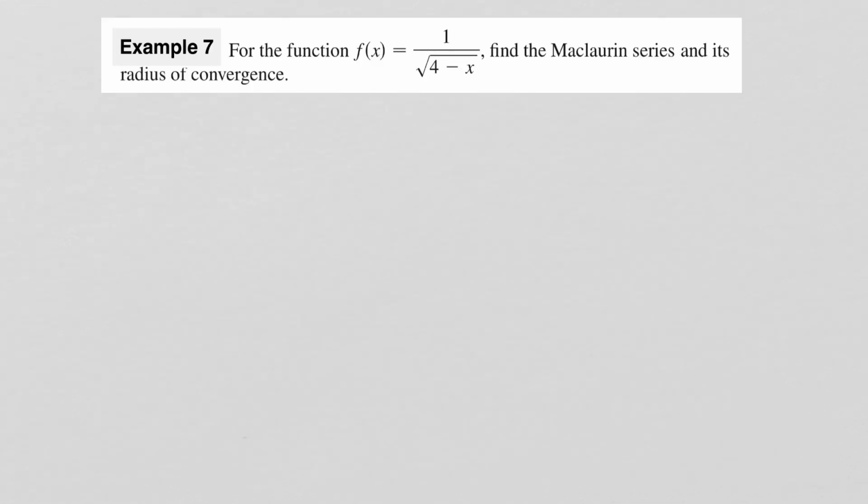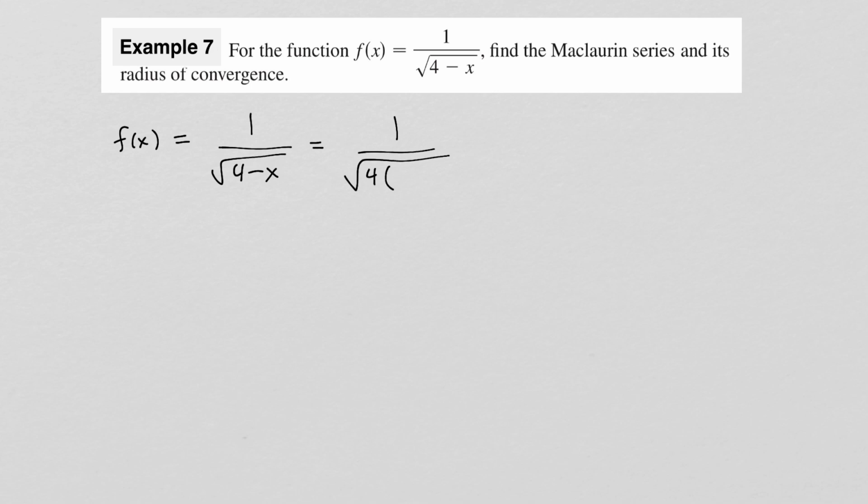In the next example, we want to find the Maclaurin series for this function here. But we're not going to do it in the typical fashion that we have been doing problems in this section. Allow me to rewrite this function. So we have 1 over the square root of 4 minus x. Let me factor out a 4 inside the radical. So that's going to give us 4 times 1 minus x over 4.